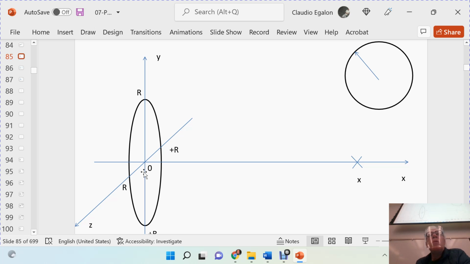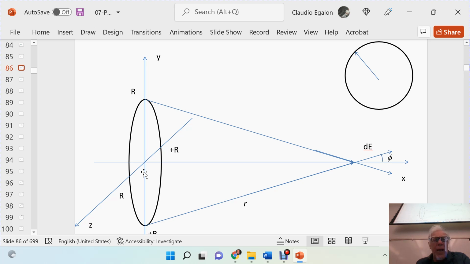Mathematically speaking, this problem is easier than the other one, but intuitively speaking, it's more difficult to visualize. But you have to understand a very important characteristic of this thing. No matter what infinitesimal charge you get along this ring, the distance of the infinitesimal charge to this spot here on the x-axis is always going to be the same. Can you picture that?